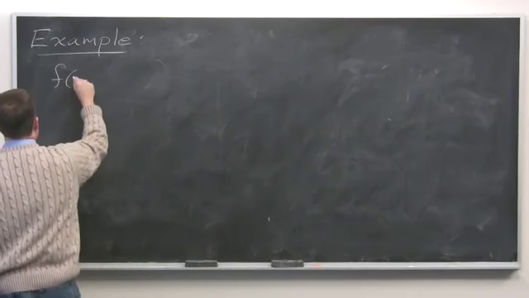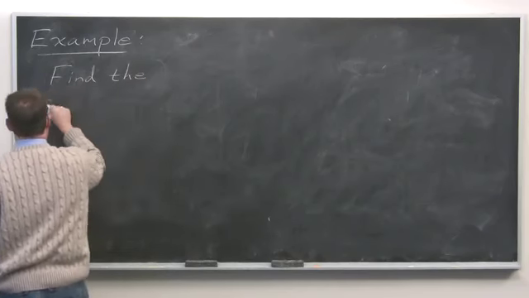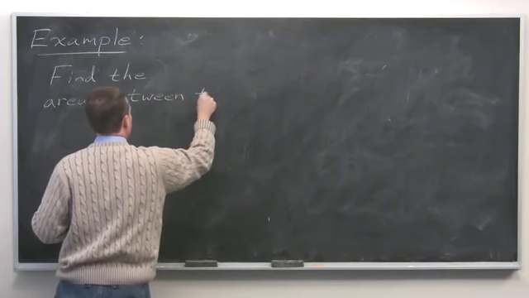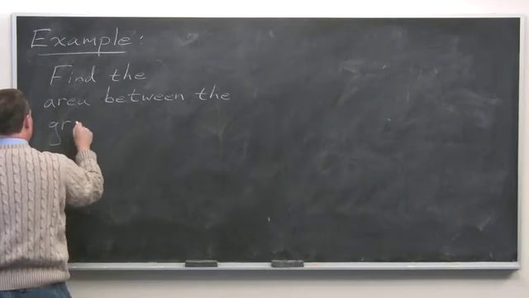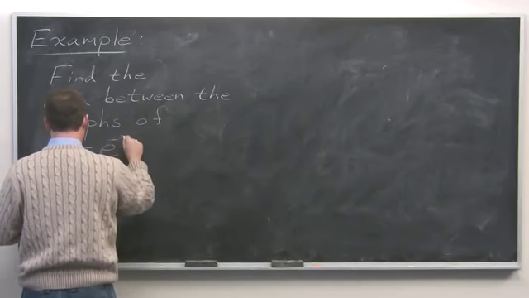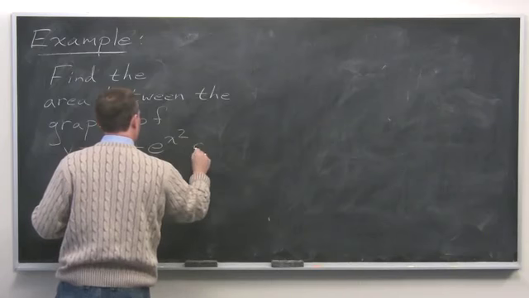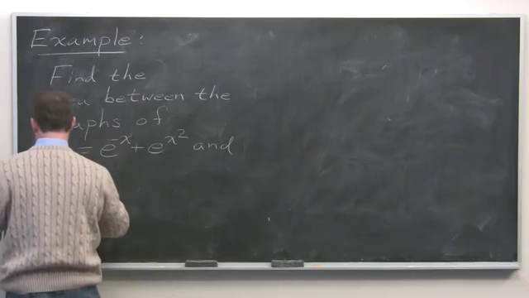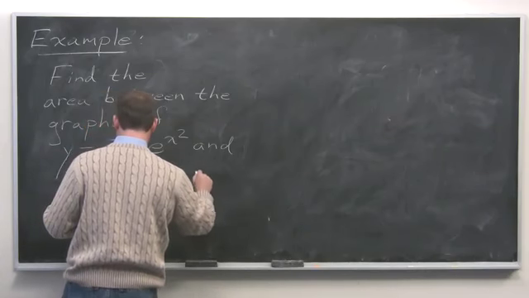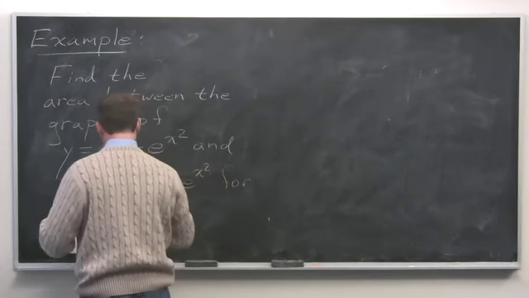Find the area between the graphs of y equals e to the minus x plus e to the x squared and y equals e to the minus 3x plus 4 plus e to the x squared for x between 0 and 3.